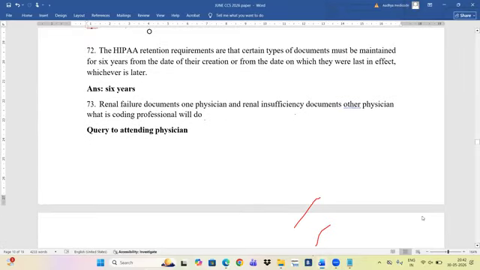As per the HIPAA retention, how many years must we maintain the documentation?